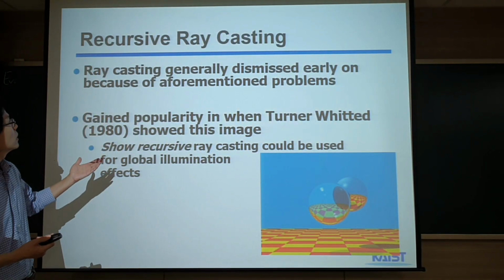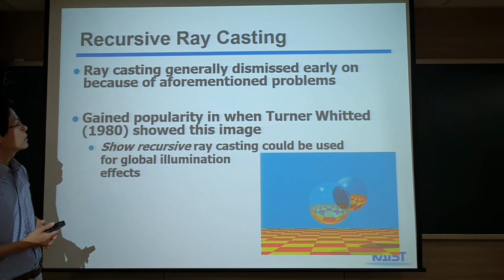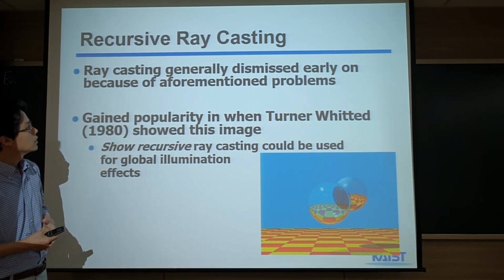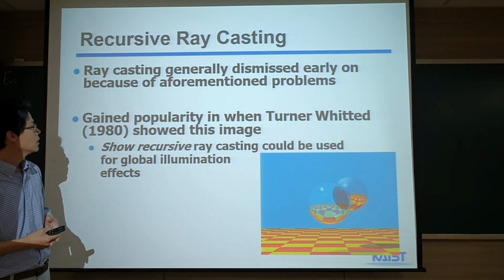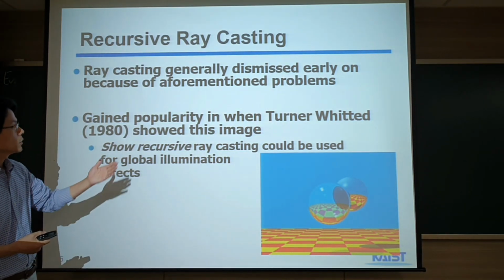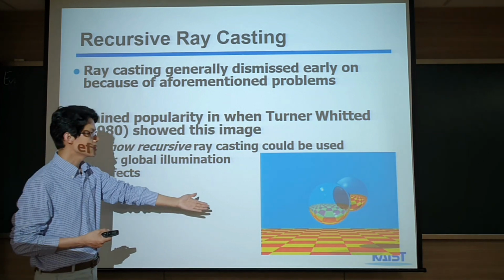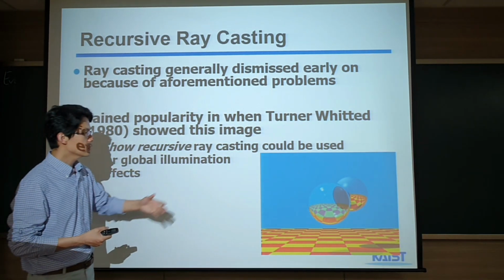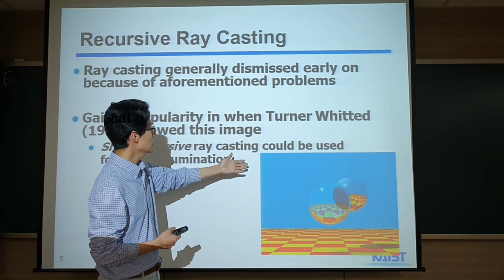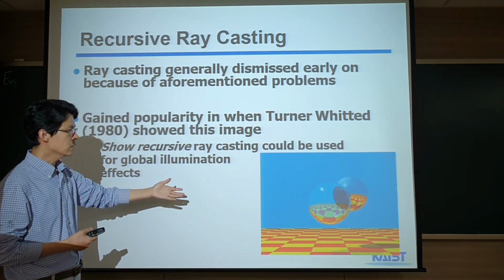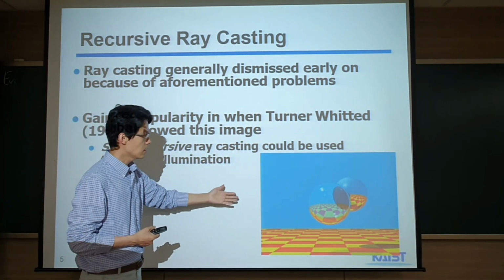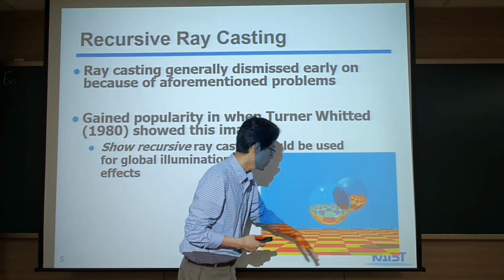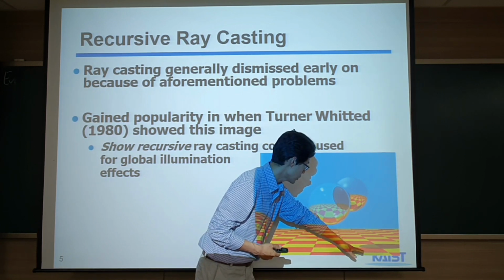So basically, as I mentioned before, raycasting was dismissed early on due to the aforementioned problems. But around 1980, Turner Whitted showed this image and it gained popularity again. Turner Whitted applied raycasting and ray tracing to support this kind of rendering effect. As you can see, there is texture mapping, and also this shadow effect.